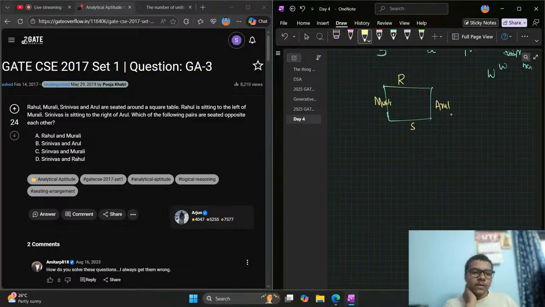Which of the following? Alright. See, what I'm trying to say is Rahul is sitting to the left of Murali. Murali sits like this, so this goes like this. And Srinivas is sitting to the right of Arul.